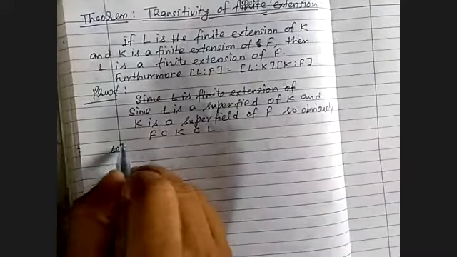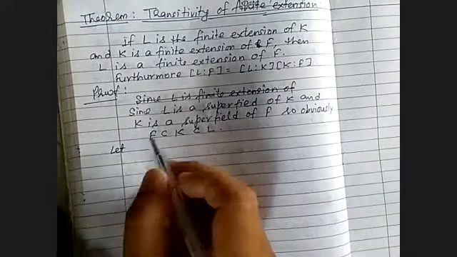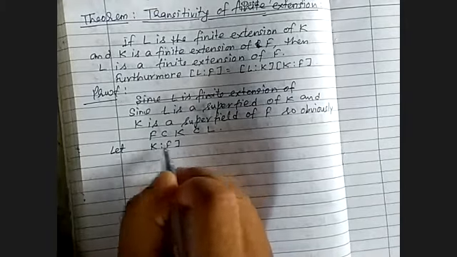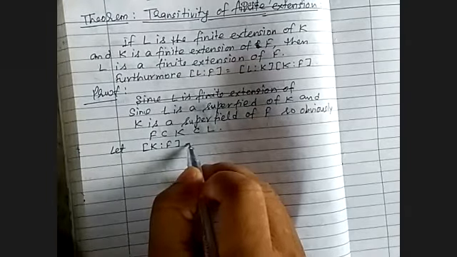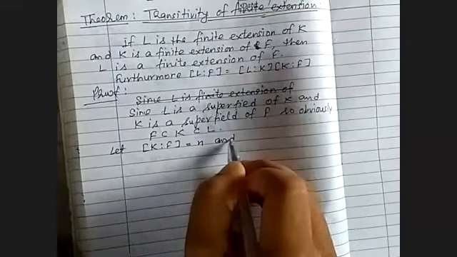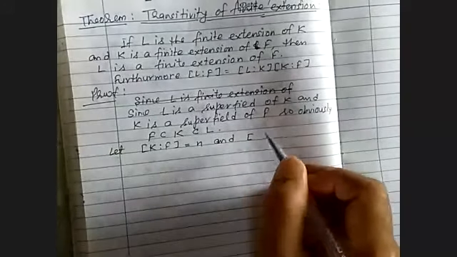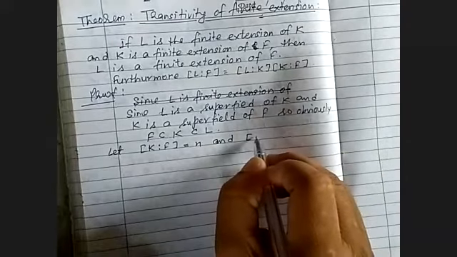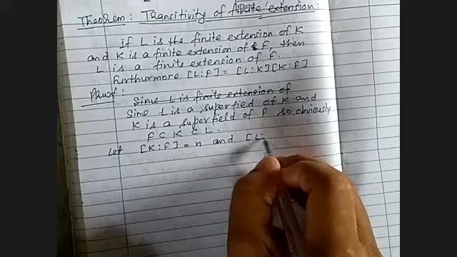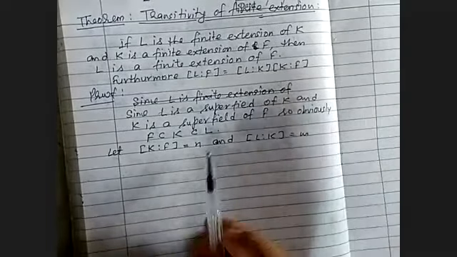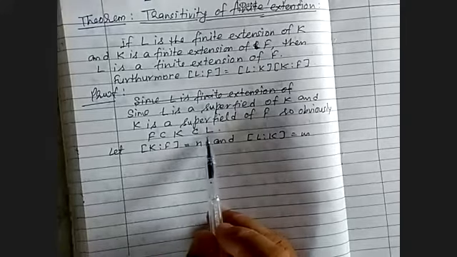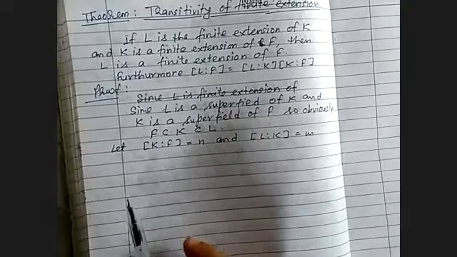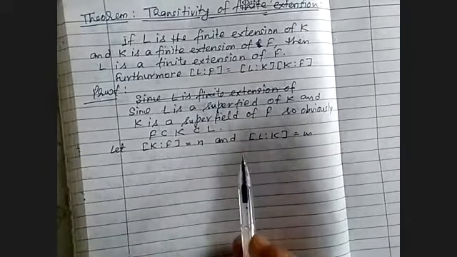Let the number of basis elements in KF be given by n, and number of basis elements or degree of finite field extension of LF or LK be given by m. Suppose that the finite extension of K, L in K is m and K in F is n. Means this represents the number of basis elements they contain.